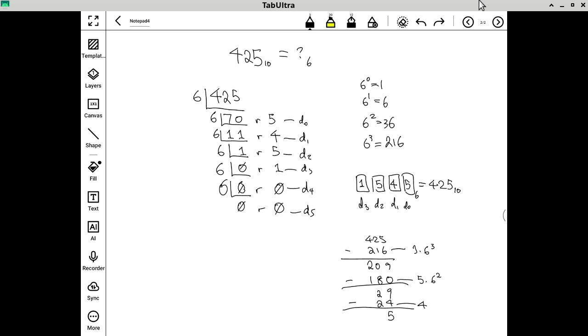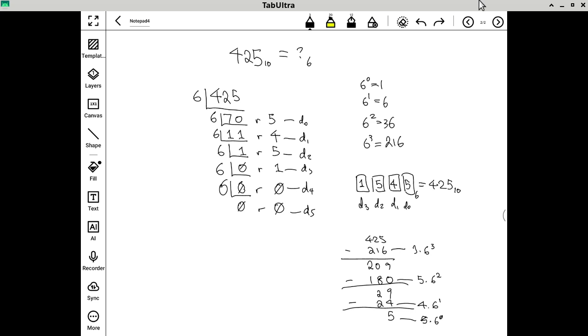This is coming from 4 times 6 to the power of 1. And then finally, the leftover is 5 times 6 to the power of 0. Because once we fill in a digit here, then the remaining value that we have to convert to base is less than what it used to be.